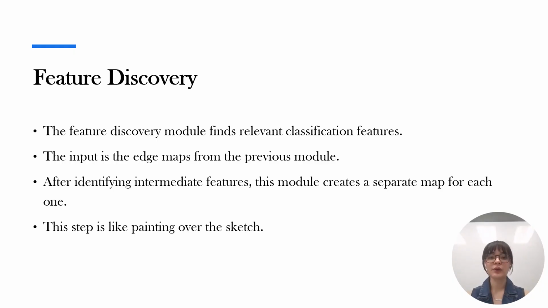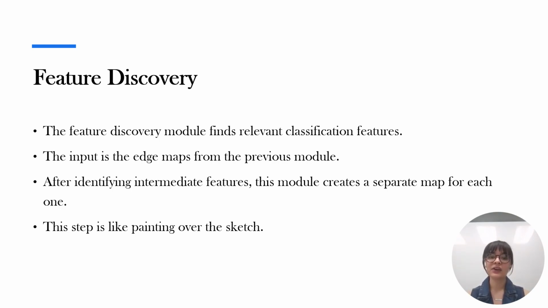The feature discovery module finds relevant classification features. The inputs for this module are the edge maps from the edge extraction module. After identifying intermediate features, this module creates a separate map for each one. This step is like the painting over the sketch. If the ConvNet was processing a photo of a dog, the edge extraction module would create a lined image, effectively, of the dog.